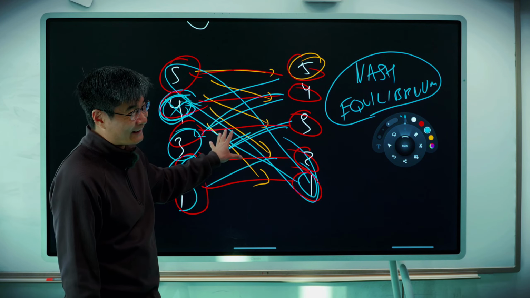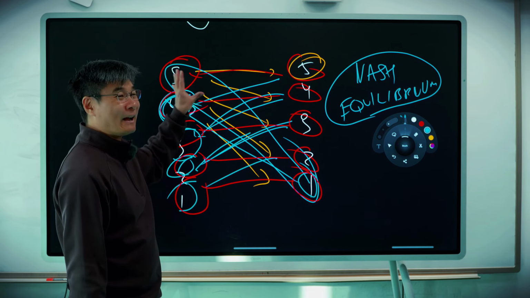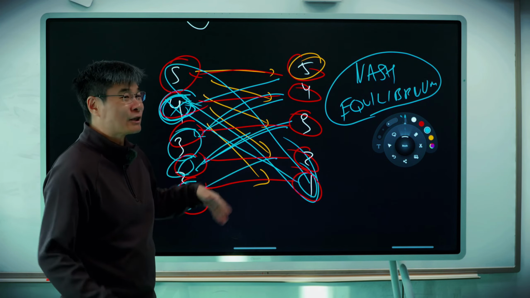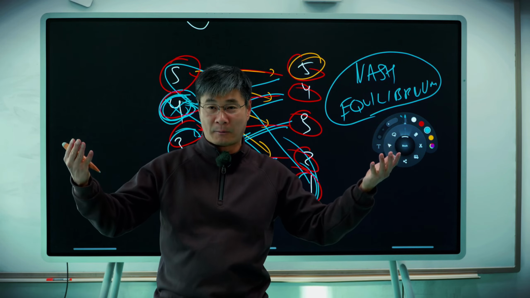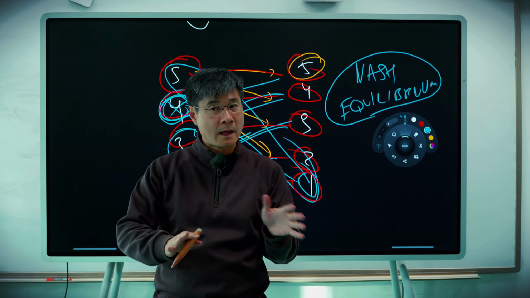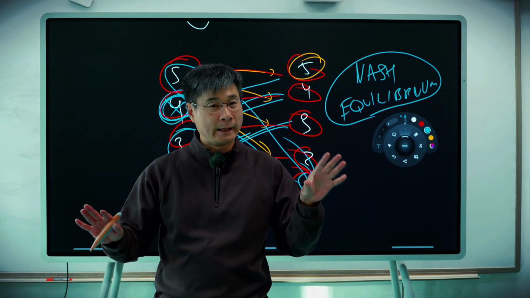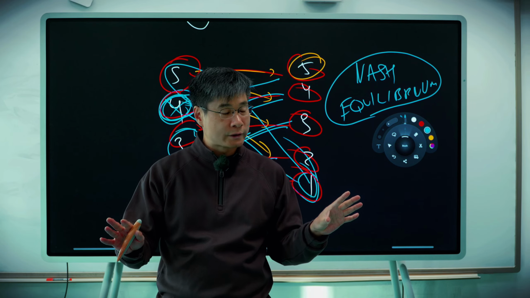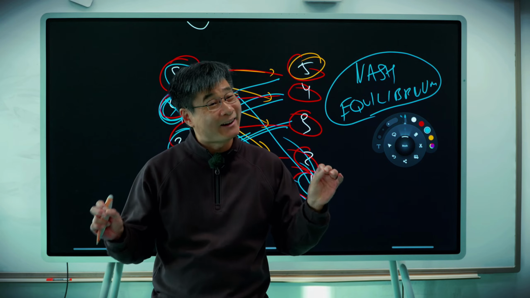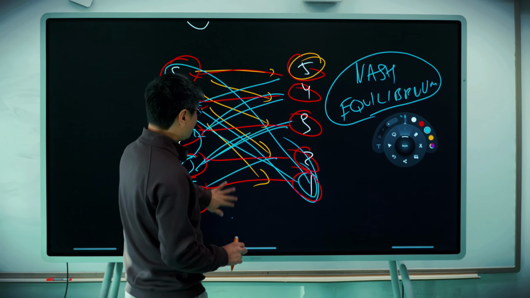In real life, no one actually follows this rule. Nash equilibrium is just a theory we made up. But in real life, that's just not what happens. What happens in real life is we choose to be suicidal, okay?